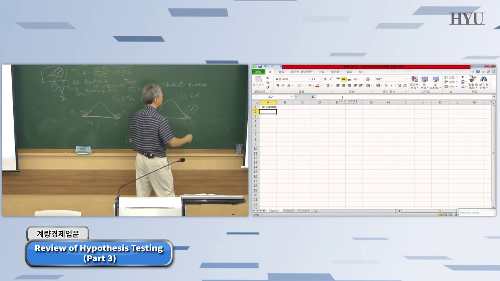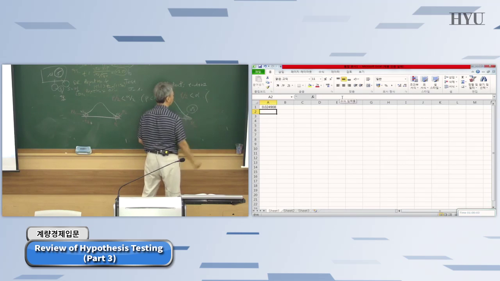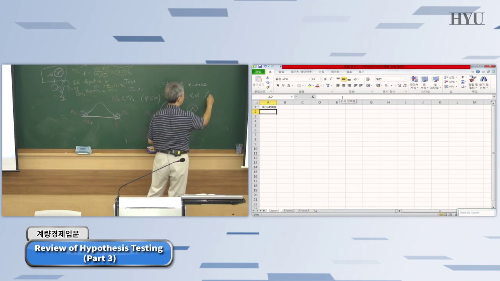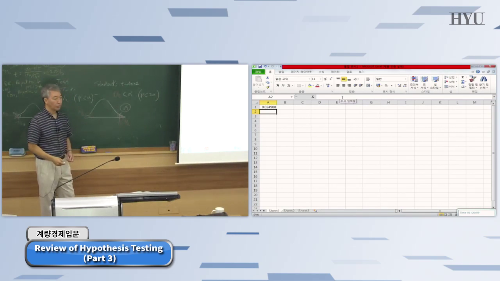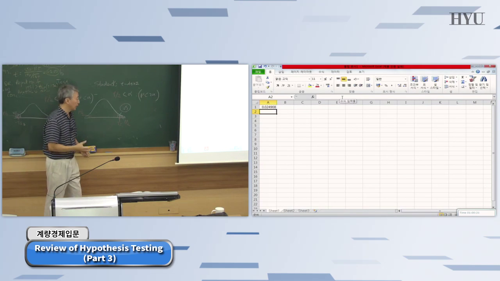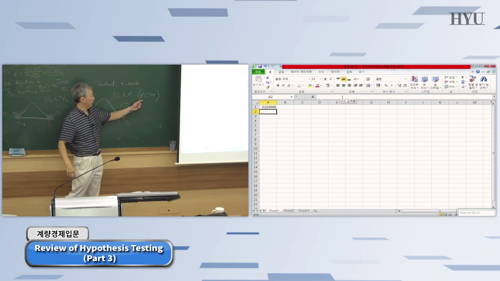So many times I suggest, instead of doing this, just say, if you're running a one-tail test, your decision rule should be reject the null hypothesis if p is less than 2 times alpha. Because this calculation is easier.